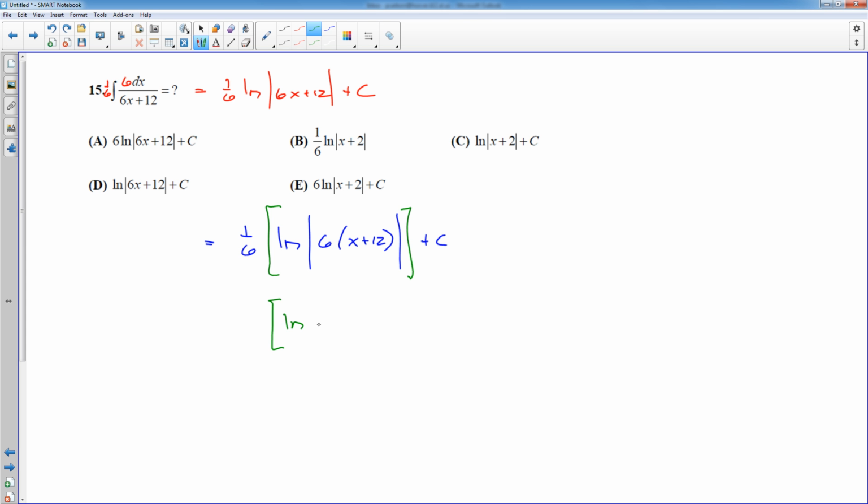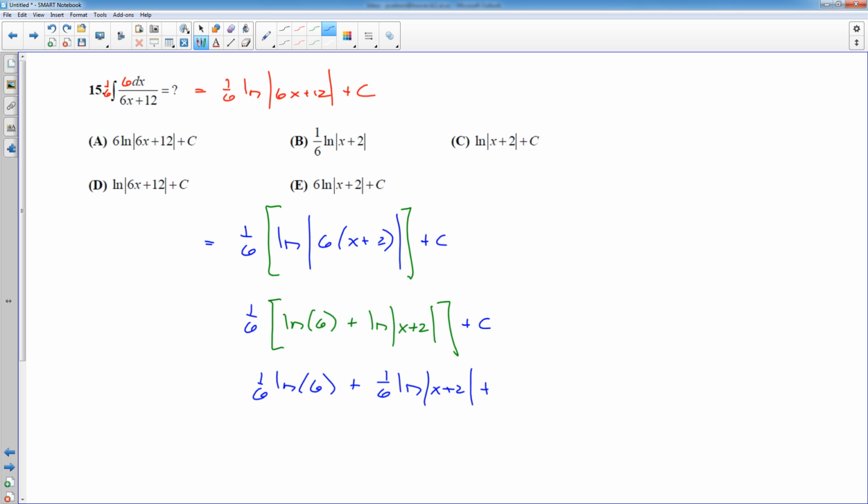So that's the same thing as the natural log of the absolute value of 6, which is just 6, plus the natural log of the absolute value of x plus 2, that should be a 2, not a 12. The 1/6 is still out here, plus a constant. So now I have 1/6 natural log of 6 plus 1/6 natural log of x plus 2 plus a c.